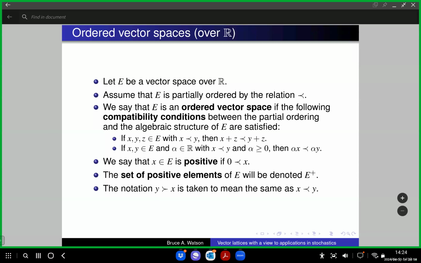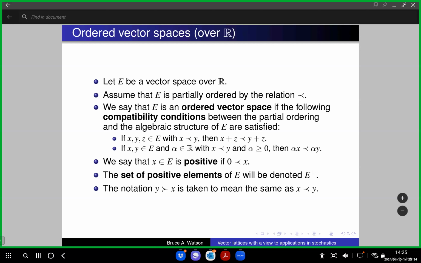This allows us to do what we are so used to doing in linear algebra, being able to add things to both sides of an equation or an inequality. The next one is that if we have two vectors, X and Y in E, and alpha a non-negative real number, and X a predecessor of Y, then multiplying X by alpha and Y by alpha retains that relation.